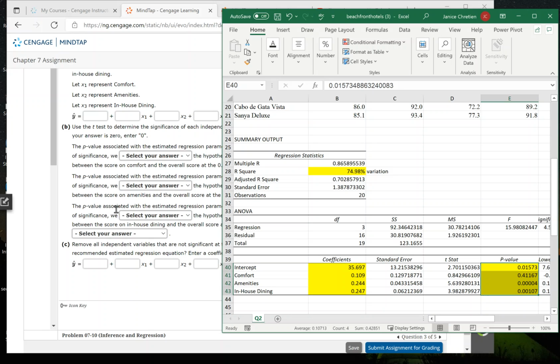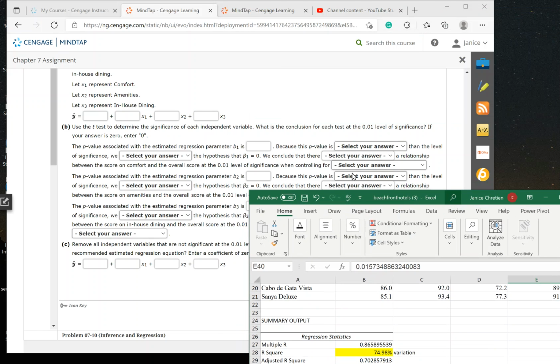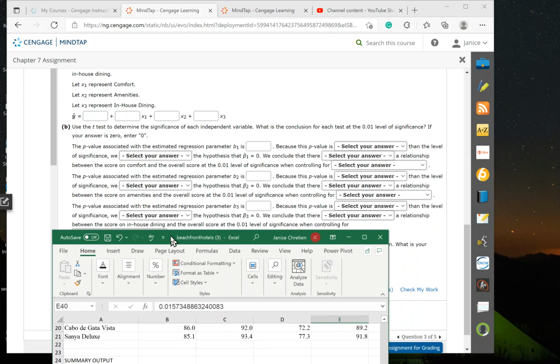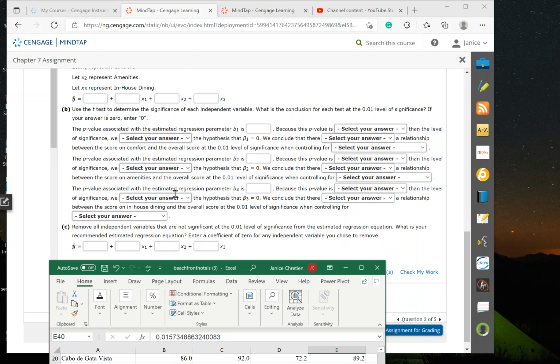So I can go in now and I can answer all of these questions knowing that B1 is my x1 comfort, B2 is x2 amenities, and B3 is x3 in-house dining. So I'll answer those questions.